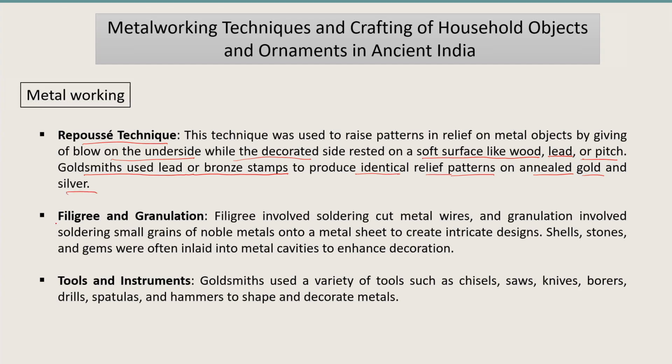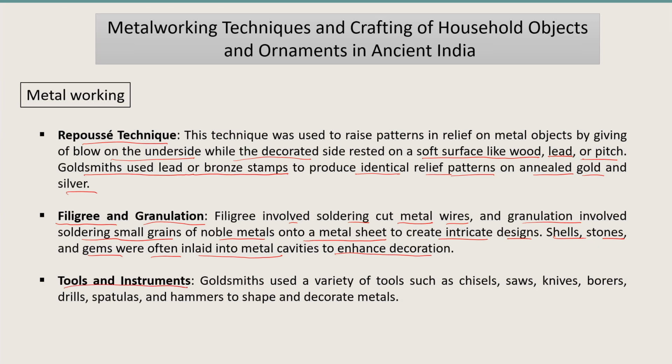Second is filigree and granulation. Filigree involved soldering cut metal wires and granulation involved soldering small grains of noble metals onto a metal sheet to create intricate designs. Shells, stones and gems were often inlaid into metal cavities to enhance decoration.